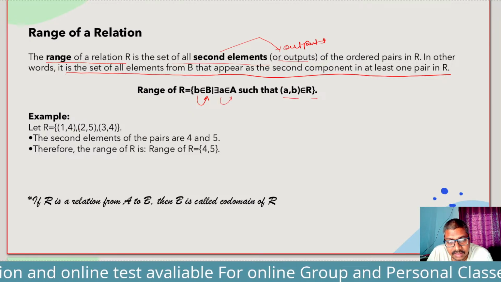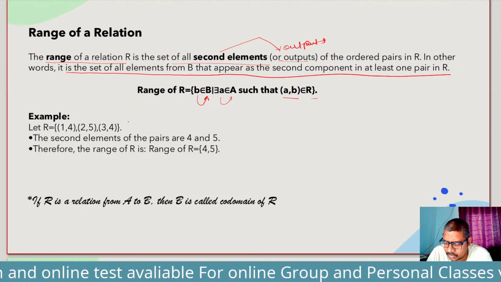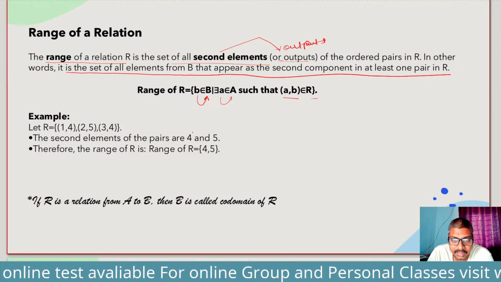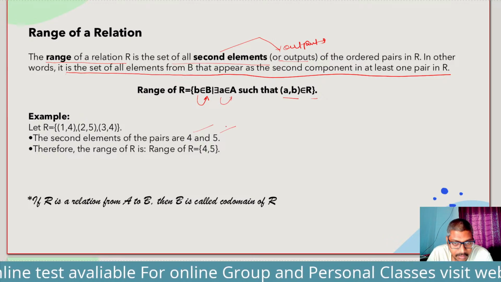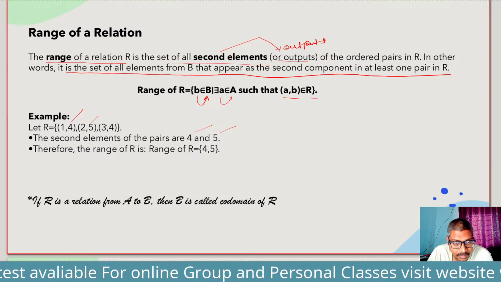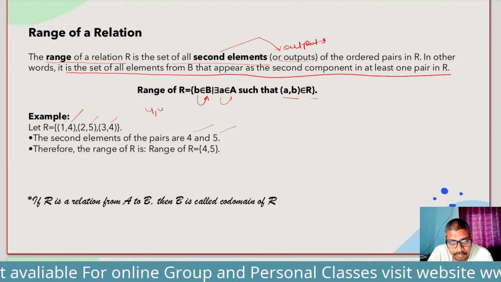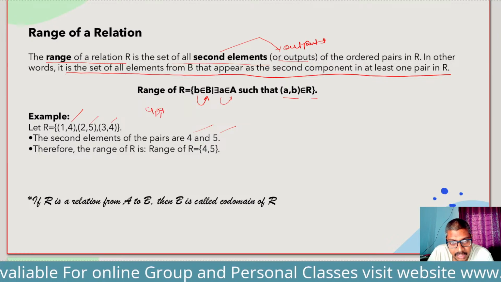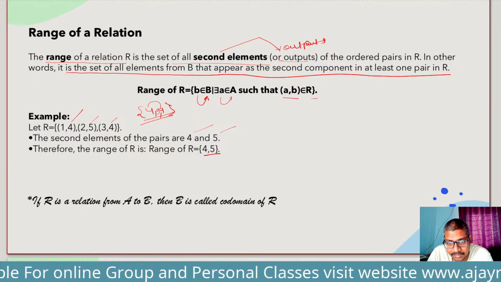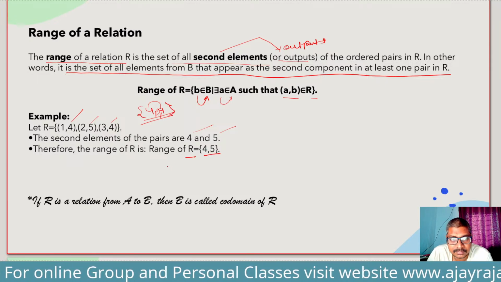You have the relation (1, 4), (2, 5), (3, 4), same as before. The second elements of the pairs are 4, 5, 4, but repetition is not allowed in a set. So 4 and 5 is our range.